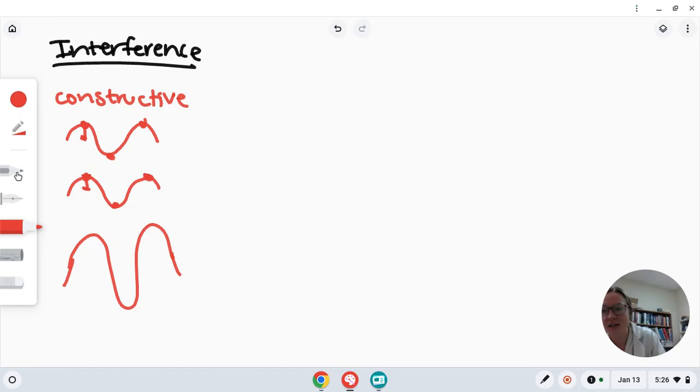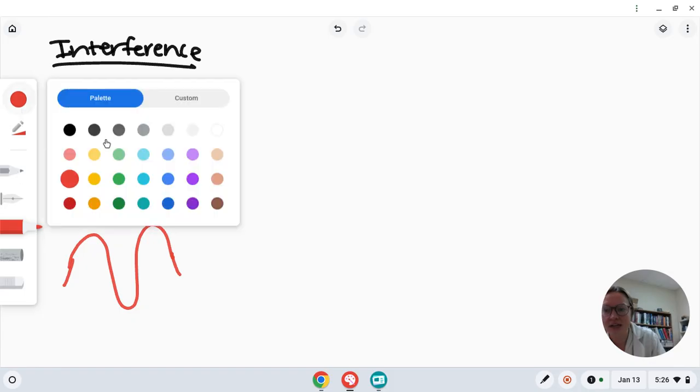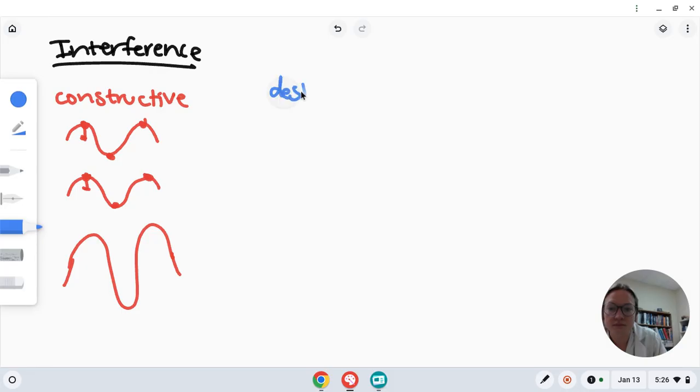This is constructive interference. Let's take a look at destructive interference. Destructive interference is when you have one wave that looks like this, at the same place at the same time as another wave that looks like this. Ooh, wait, but let me do it better. Okay, perfect.